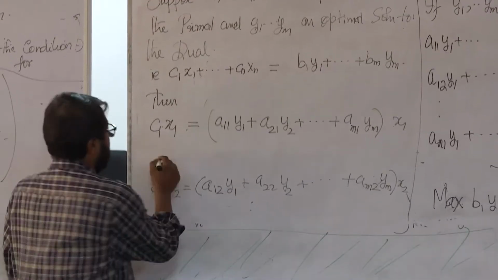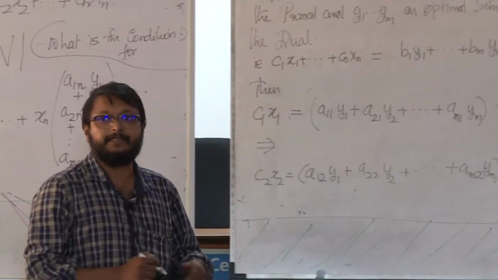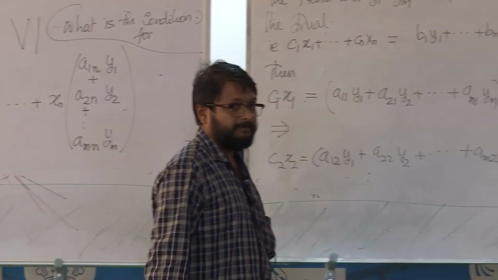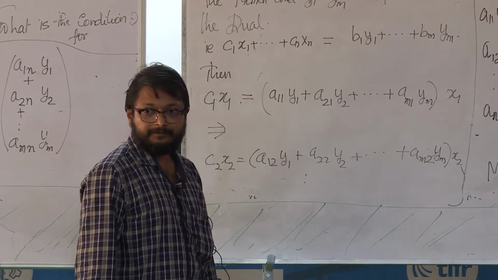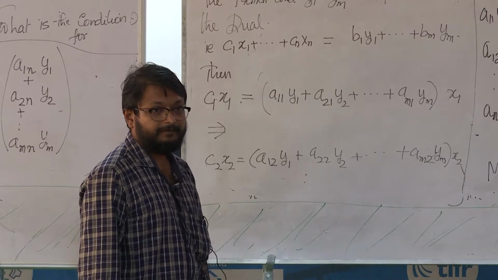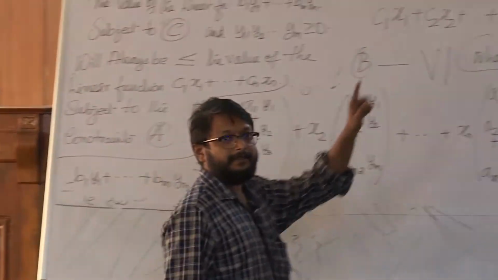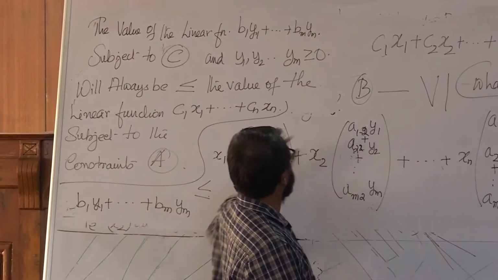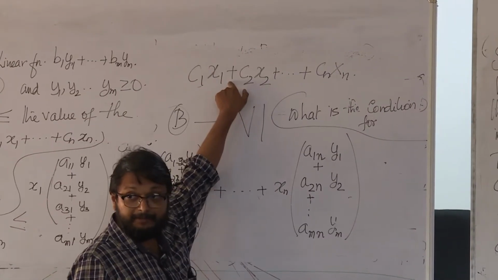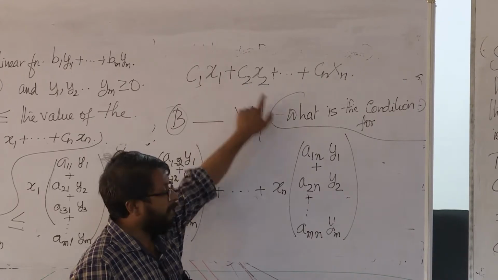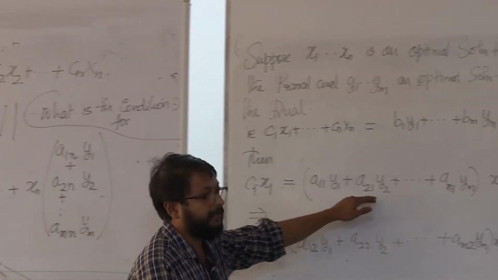Now, what does this equality give you? I know that x1 is greater than or equal to 0. So, when y1 to ym and x1 to xn are solutions satisfying this, this is equal to this. What can I conclude?